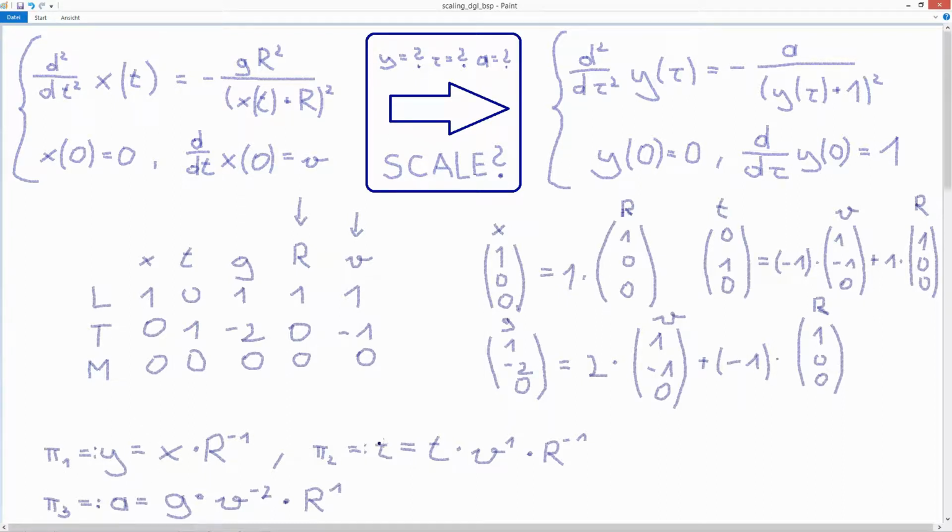So these here are the calculated pi factors.